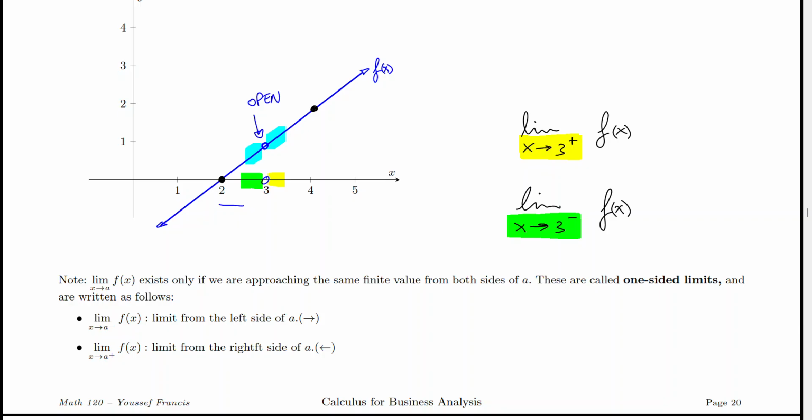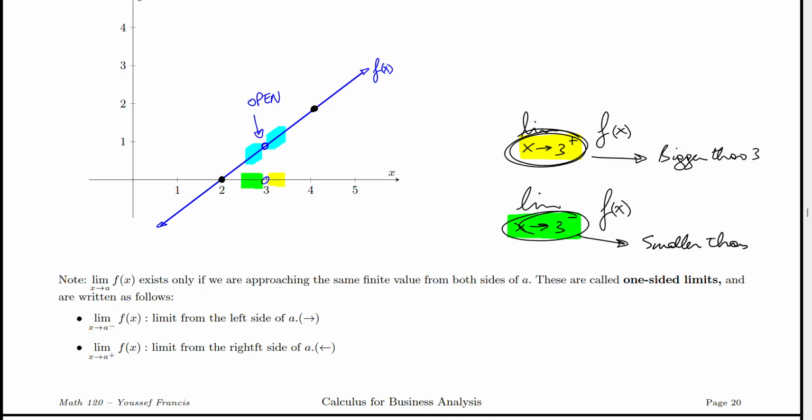So that's what we call one-sided limits. The key point to remember is, if I put 3 plus, I'm telling you to pick numbers bigger than 3. And if I put 3 minus, the numbers you are going to put in your table are going to be smaller than 3 itself. Okay, so that's what this new notation means, and that's what we call one-sided limits.